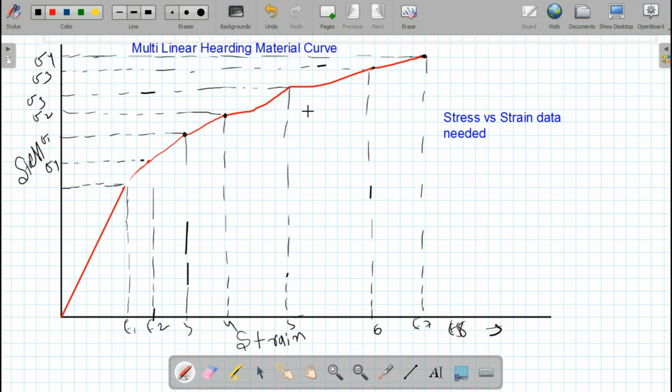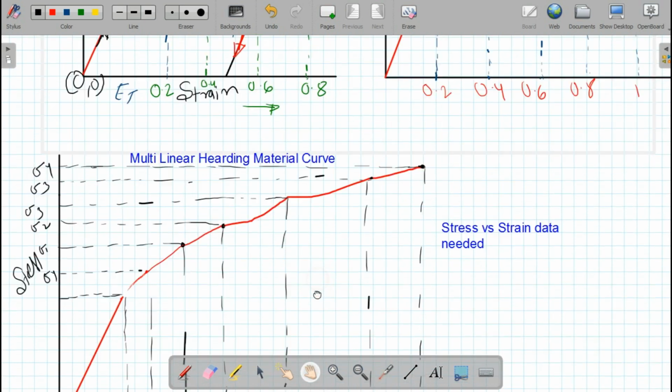So this is what you need in the multilinear hardening. These are the curves you basically need to use.